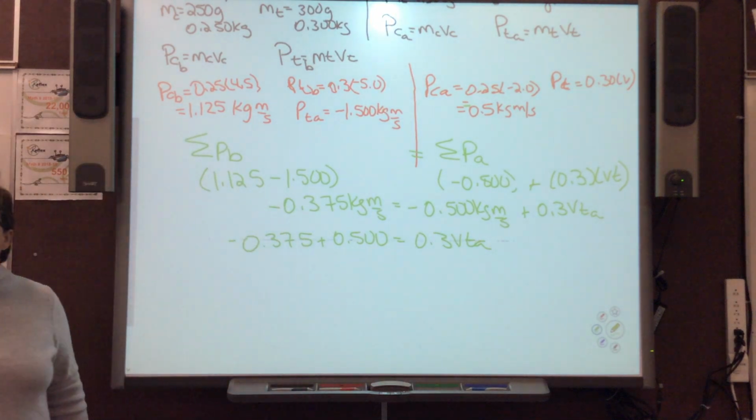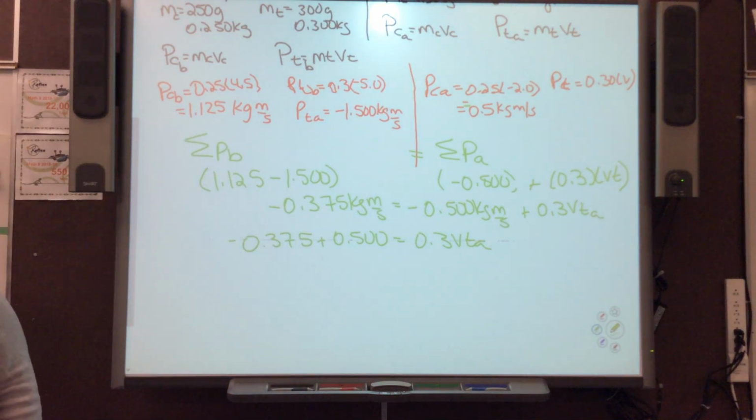So when we get negative 0.375 plus 0.5, what do we get for a value? Remember I just said I did it wrong. I multiplied it instead of adding, Jaden.